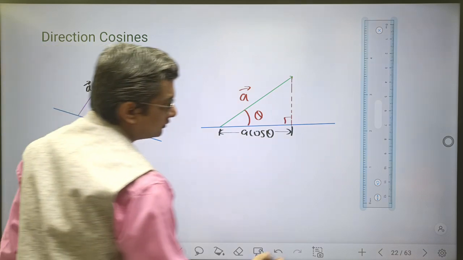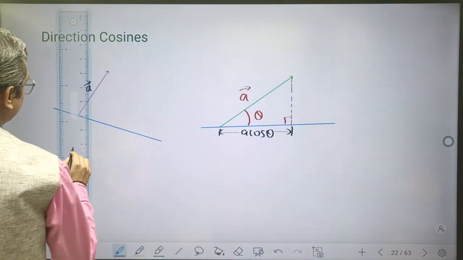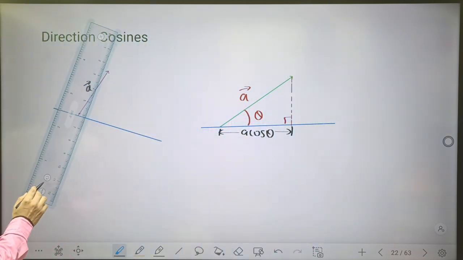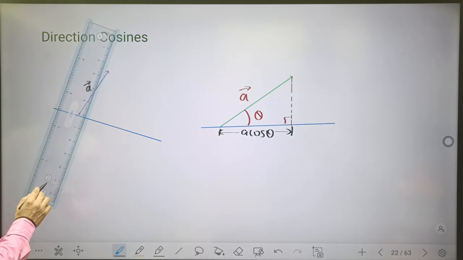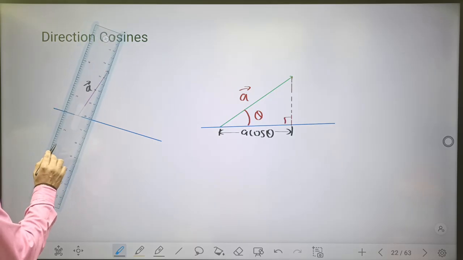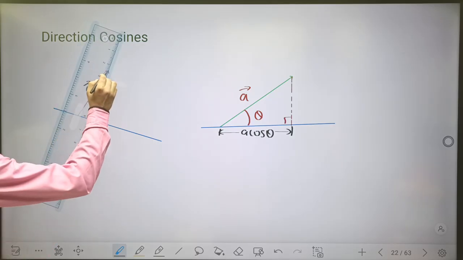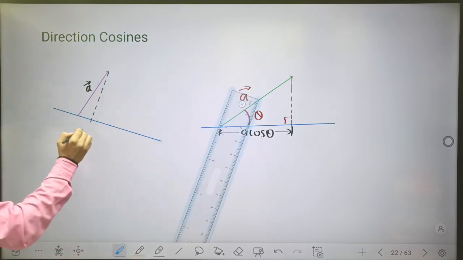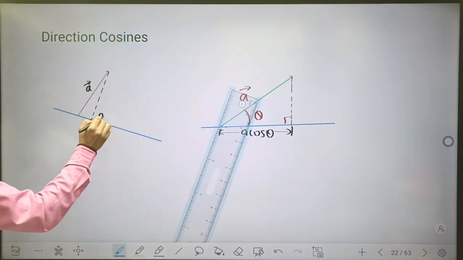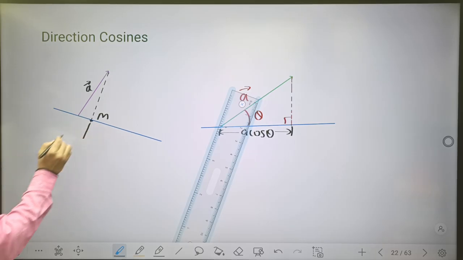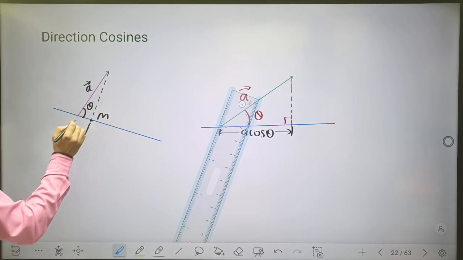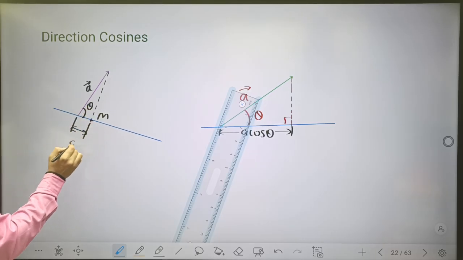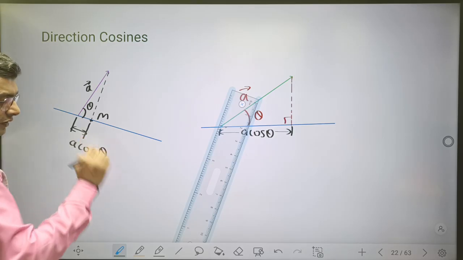So what do you do? The very first step is to drop a perpendicular from the head of this vector to this line, and this perpendicular meets this line at M. Let us suppose this angle is theta. So this is given by A cos theta.